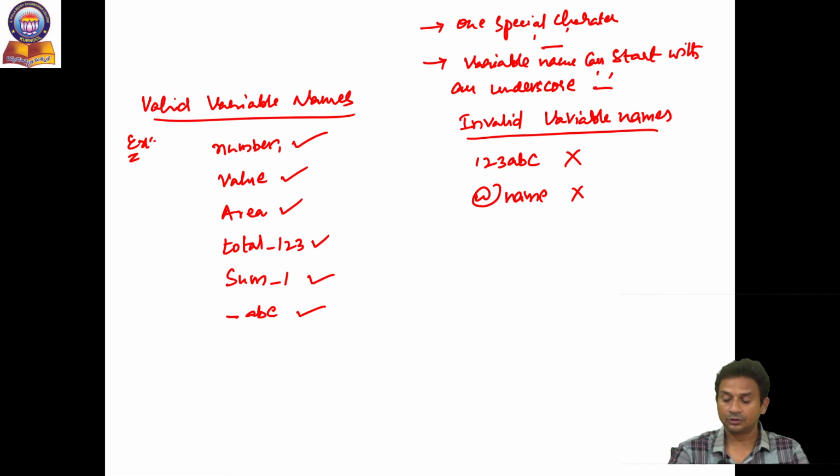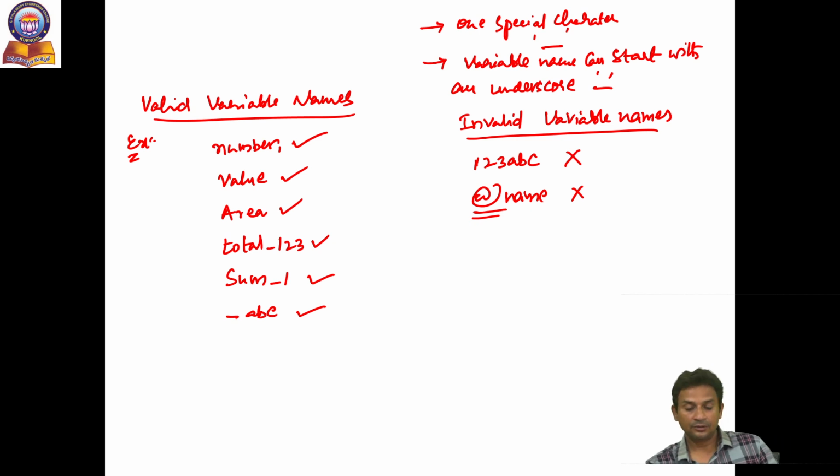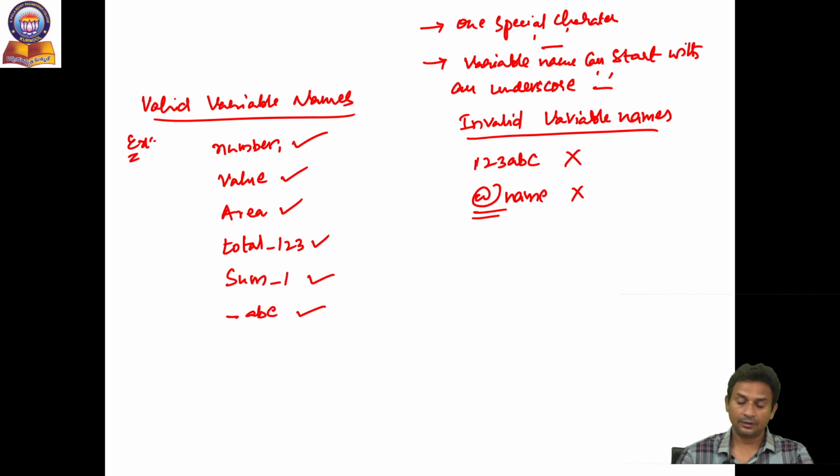See, a variable name should not start with a digit, and a variable name should not contain any special character except underscore. So this is how we'll be assigning names to the variables, right? As the definition implies, a variable is a named placeholder used to hold the data or values. Now we'll see how we initialize variables with values. Variable initialization.